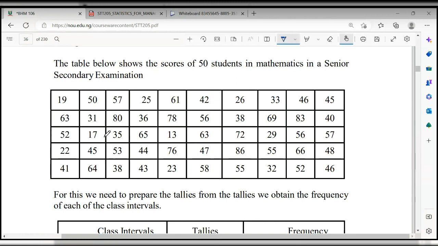So looking at everything here, which number is the smallest? On this row, the lowest number is 19. We have 17. I can see 13.